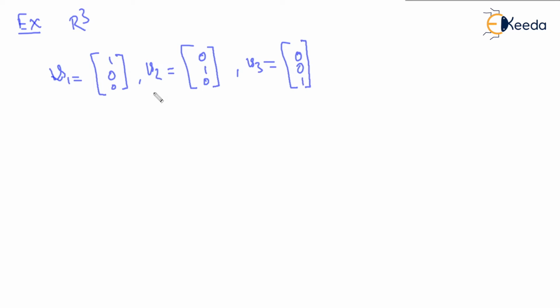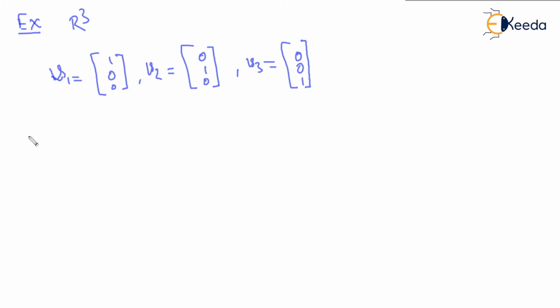So these three vectors form an orthogonal set and also orthonormal, because these three vectors are of unit length, of course, and they are perpendicular to each other. This is to the x-axis, to the y-axis, to the z-axis, because this is a three-dimensional xyz plane, xyz space, right?